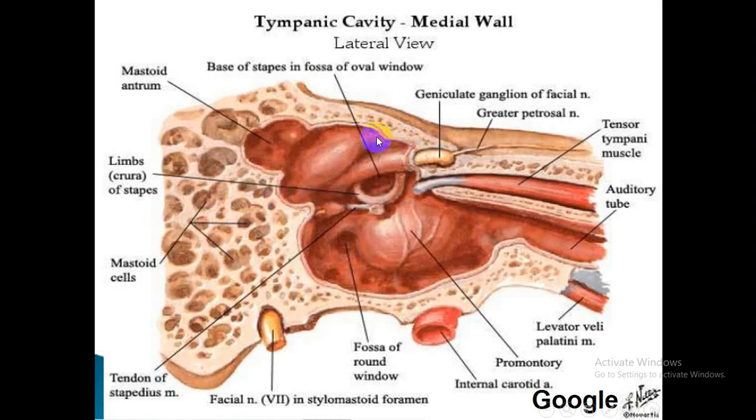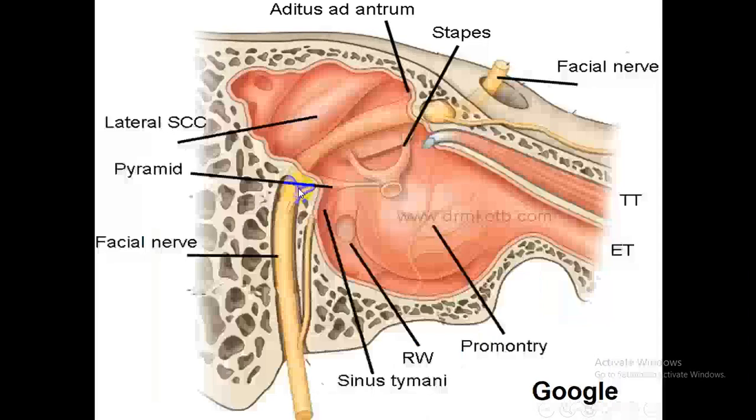Both of these enclosed in the bone produce a parallel bulge superiorly. يعني فوق البرومونتري اكو bulge ثانية اللي راح يكونها هو عبارة عن الفيشيال نيرف واللاترال سيمي سيركولار كانال. هاي اللاترال سيمي سيركولار كانال وهذا الفيشيال نيرف راح يعملوا لي a bulge parallel to the promontory superiorly بس. فإذا أهم شيء يا شباب بالميديال وول عندي البرومونتري والأوفال ويندو اللي which is closed by the base of stapes والround window which is closed by membrane.